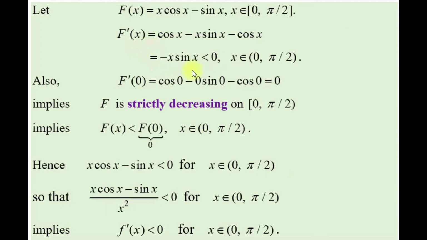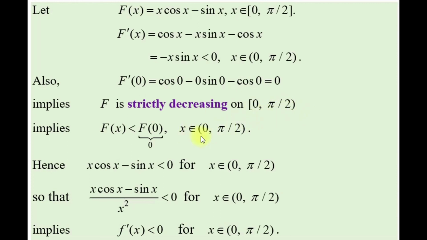Now capital F prime of x less than 0 on the open interval 0 pi by 2. F prime of 0 is equal to 0. So the function capital F is strictly decreasing on the left closed right open interval 0 pi by 2.